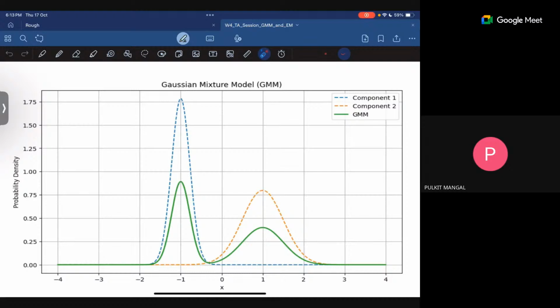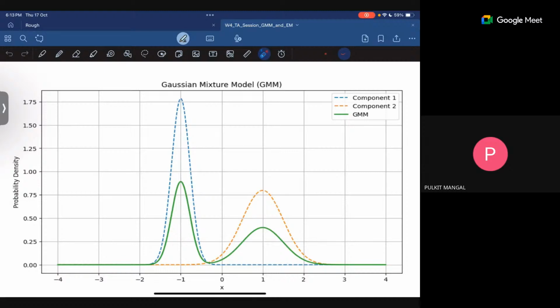Now can anybody tell me why it is shrunk like this? Can anybody guess the reason behind this scaling? Because our first component looks like this, the second component looks like this, while the GMM density would be shrunk like this.